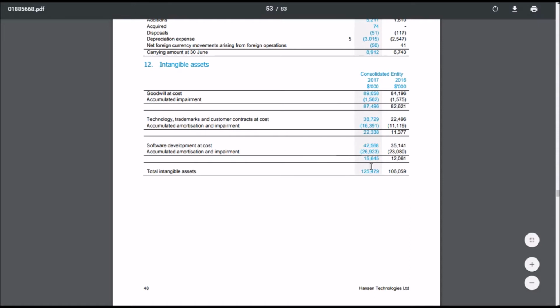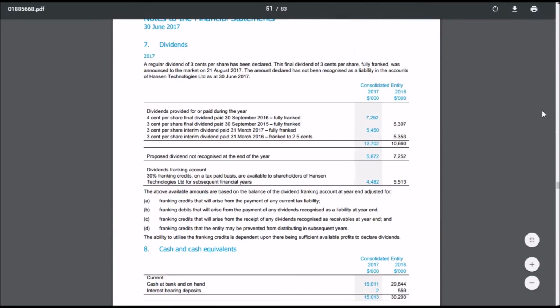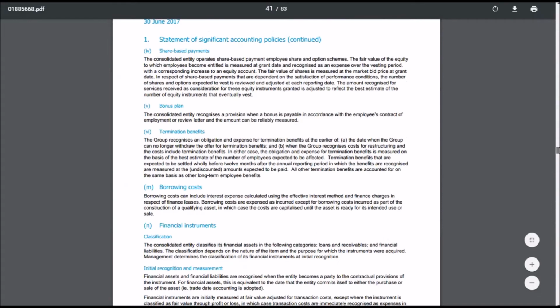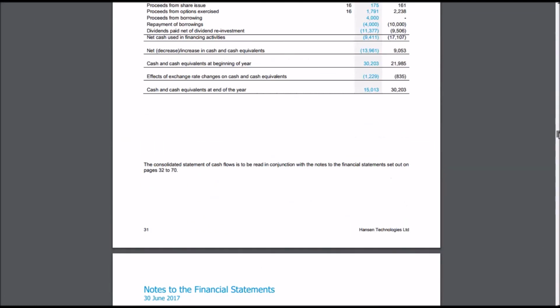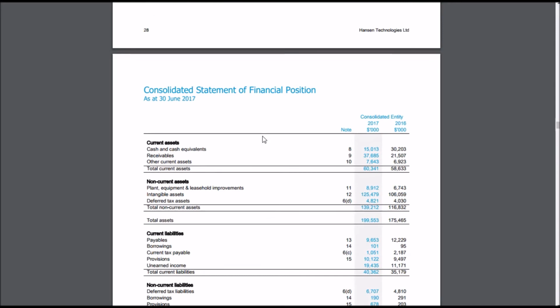So now we know exactly how they arrived at that, and we can see there's a big lump of goodwill there, which personally I do find a little concerning, because goodwill is basically an imaginary number which can disappear very quickly in a downturn for the company.